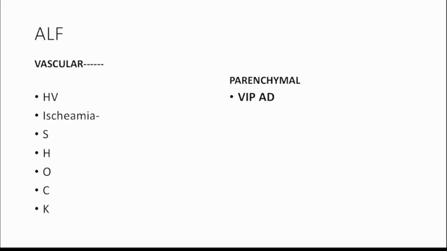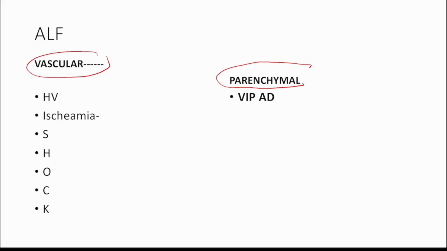So ALF is an acute liver injury, and the clinical clues are usually non-specific symptoms, features of encephalopathy, jaundice, and features of cerebral edema. So these are the clinical features. The mnemonics to remember, as mentioned in the last session, divide the causes into parenchymal and vascular.